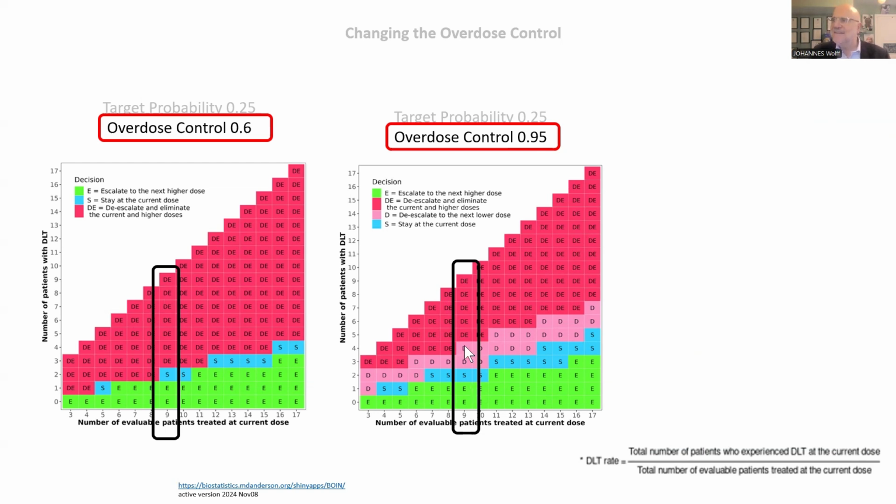Actually, the de-escalation completely disappears. You have 9 patients enrolled, and if 3 or more have dose-limiting toxicities, you never go back to that dose. The dose is eliminated. That is what happens with the overdose control.